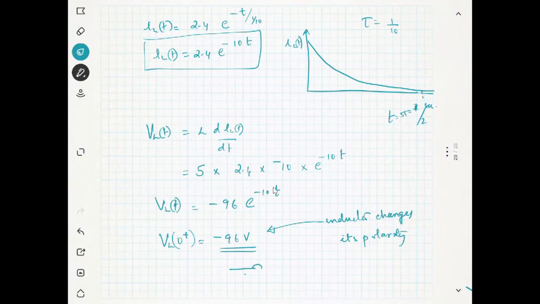Why does the inductor change its polarity? Because there is no other source, that's what I have told in the previous problem. If the inductor does not change the polarity, we will see what will happen, with this problem itself.